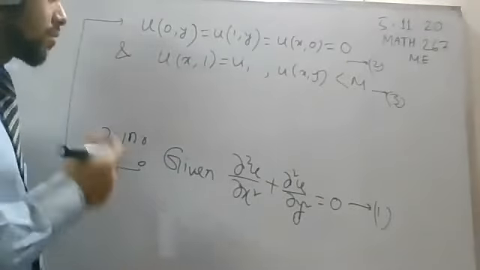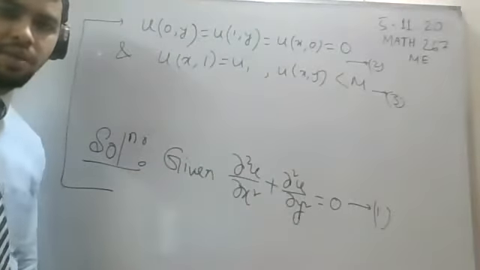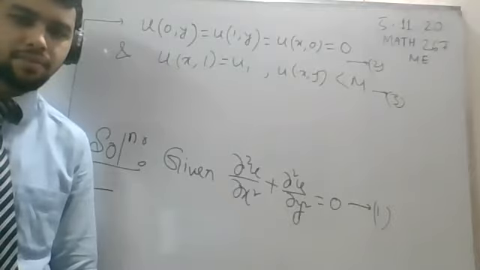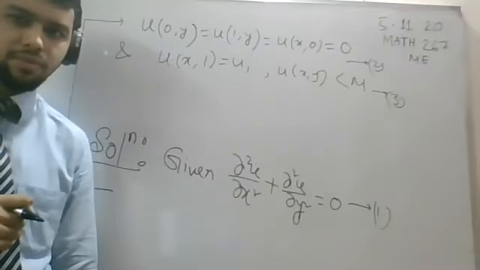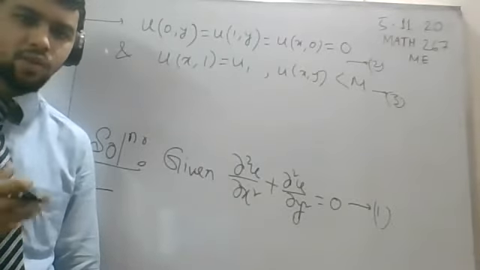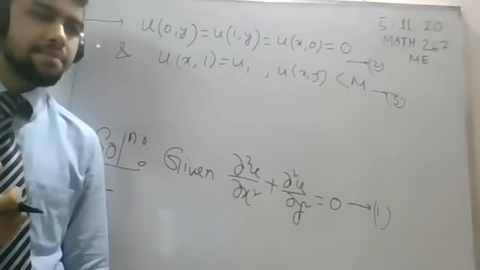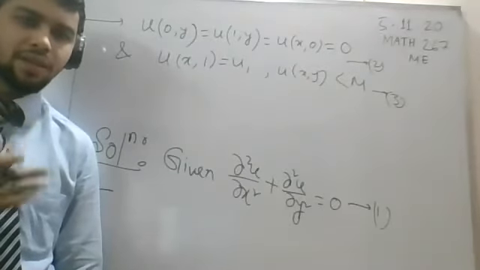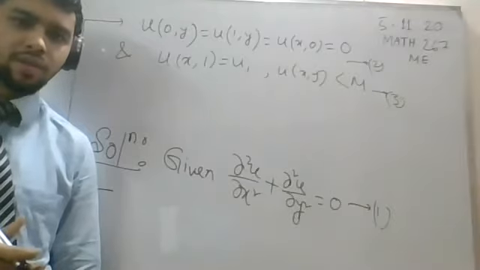Now what will be our next step, or what do we have to do after that for finding the solution of this kind of boundary value problem? Anyone? Sir, we take a function u(x, t) equals x and t. Okay, that is fine, but your choice of variables is wrong, though the concept is right: you have to use the variable separable method or product method for solving this kind of boundary value problem.